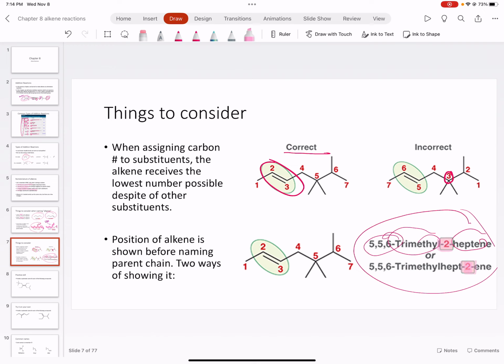So for example, you could either call it 2-heptene or you could call it hep-2-ene. But that's up to you.